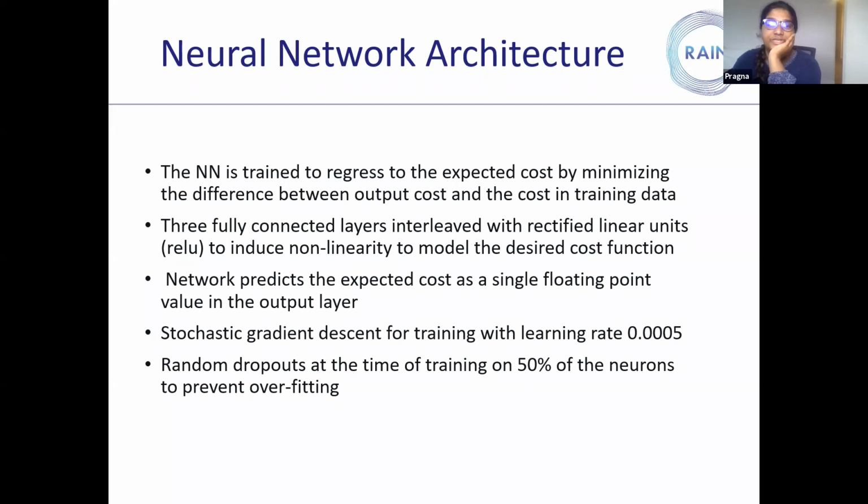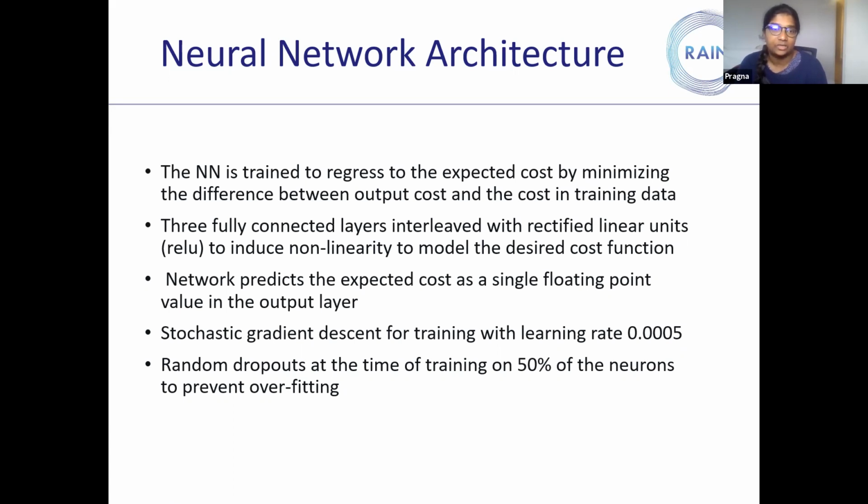So how do we train it? We train using fully connected layers. We have 3 fully connected layers, and we have rectified linear units between them. Because since this is a nonlinear function, the rectified linear units add the non-linearity to the model.